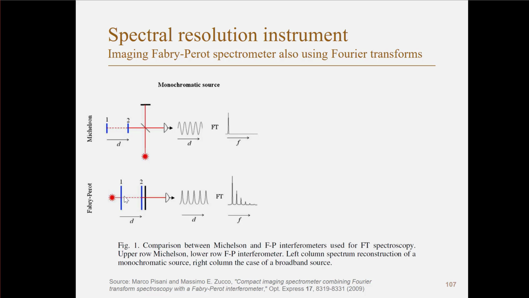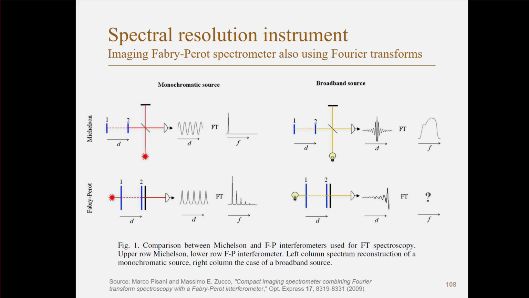And now we have two mirrors instead. The light is impinging. We change the distance between these two mirrors, between this position and this position. And then we look over here, and now we get these peaks when the light coming in is in resonance with our cavity. We take the Fourier transform of this, and we get some shape like this. And from this you can back out what the color was, what the wavelength was for the light which impinged on it.